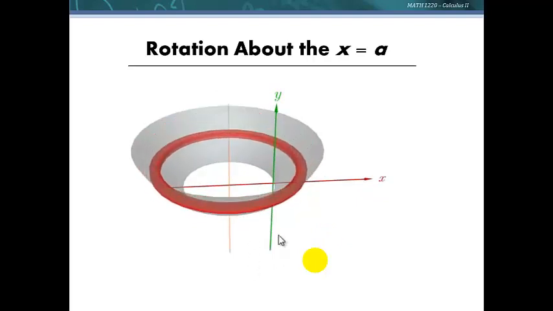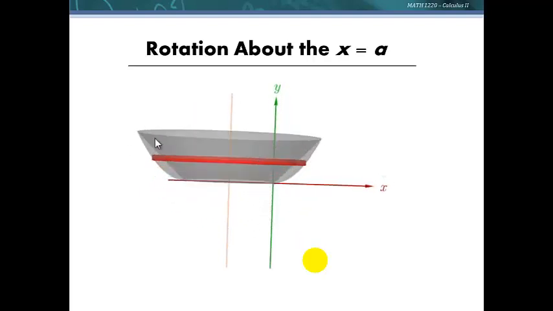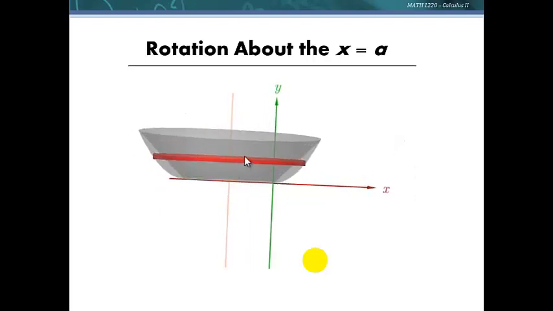You would need a sketch so you can determine it. So your best bet when doing these is to get a sketch and visualize what's going on, so you can do pi times the radius of the disk squared minus pi times the radius of the hole squared, and then integrate that on our interval.